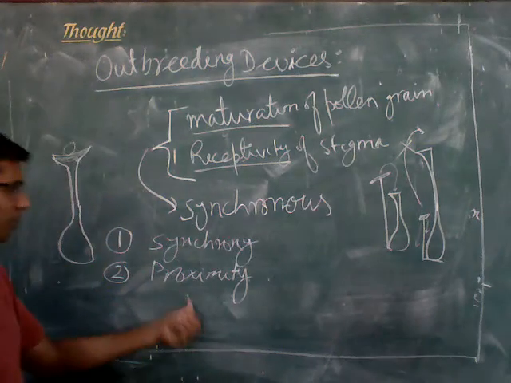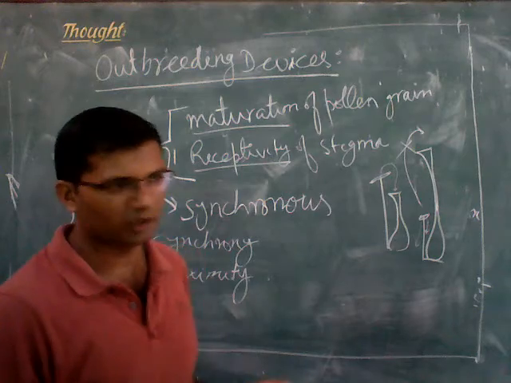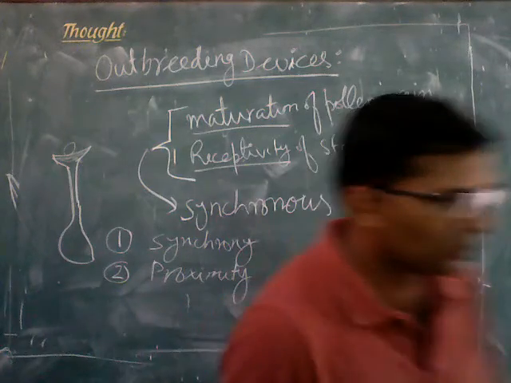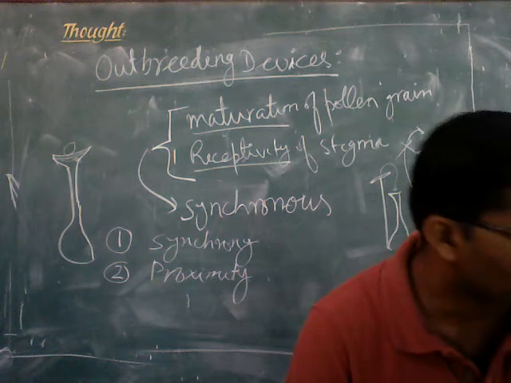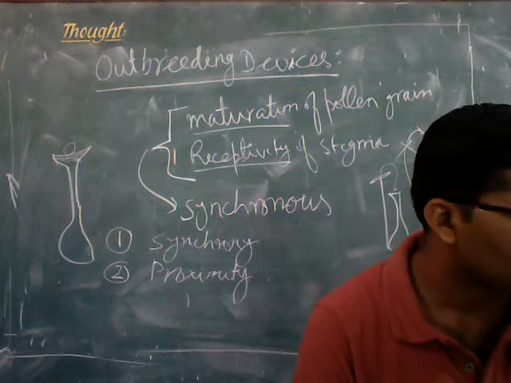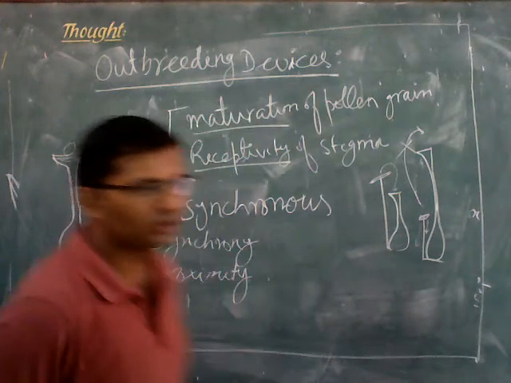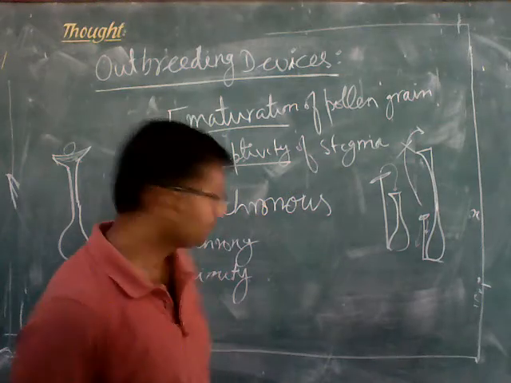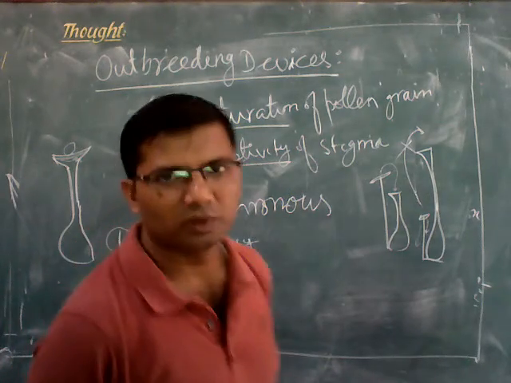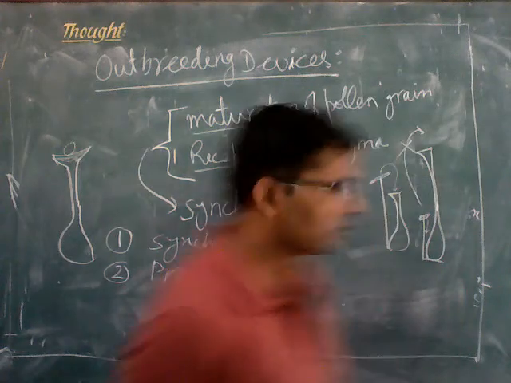This will help in reducing self-pollination or autogamy. So the pollen grain and stigma should not be at the same position. If there has to be outbreeding, then anther and stigma should have different positions, and only then will they help in cross-breeding or outbreeding.